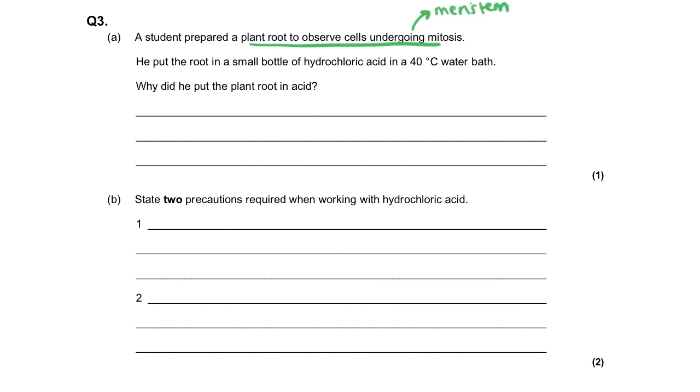So I'm looking at the root tips because I know this is where mitosis is happening. Also, maybe I'm considering my knowledge from topic 6 with growth factors. And I know you didn't know topic 6 at this point, but for future reference, it helps to be mindful of the wider context of these questions.